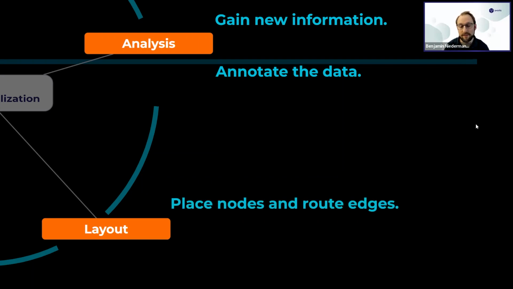And then in the second part of this webinar, I will also talk about layouting graphs, so about how to place the nodes and route the edges. And in particular, I will also talk about how to find a layout style that is suitable for your data.